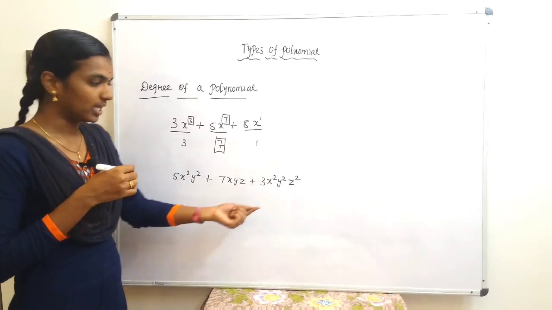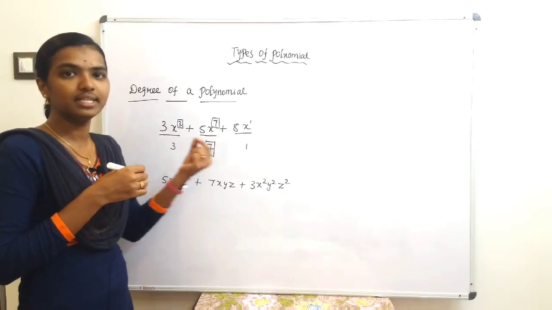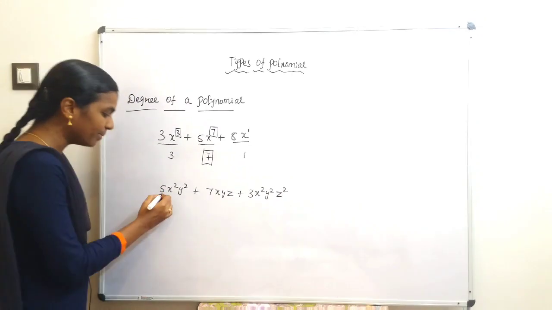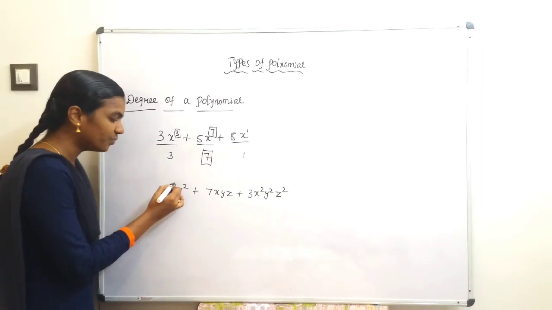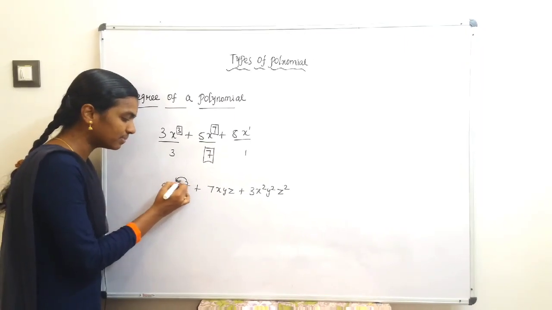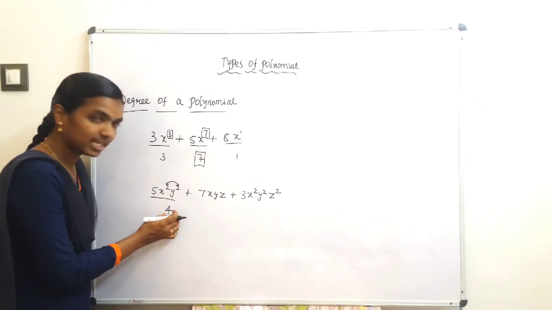We have to check each term, the degree of each term. Coming to the first term, how many variables are there? 2 variables. We have to add the sum of these powers. So 2 plus 2, 4. In the first term the degree is 4.